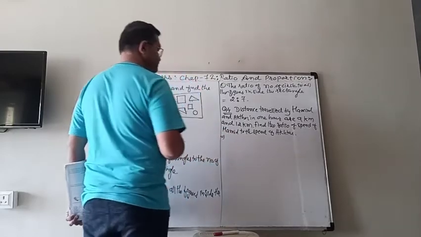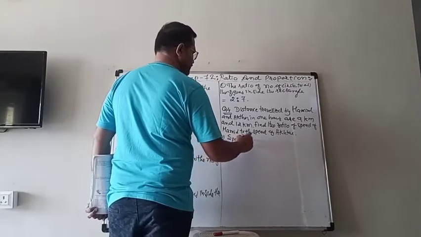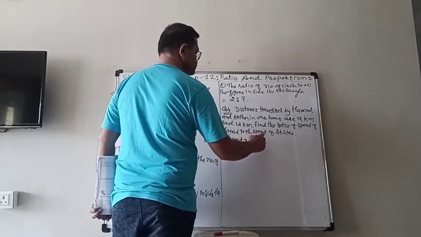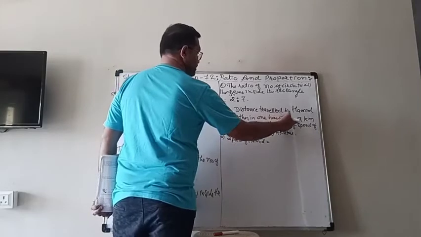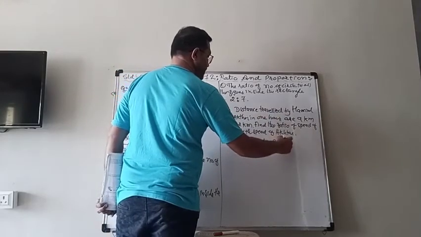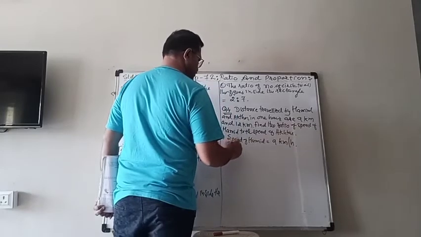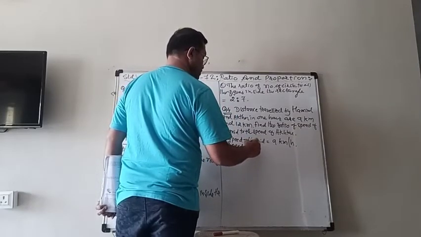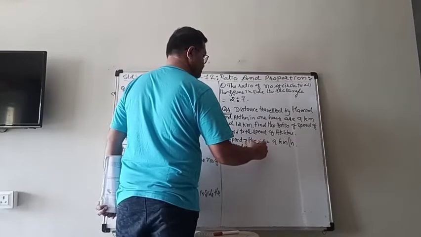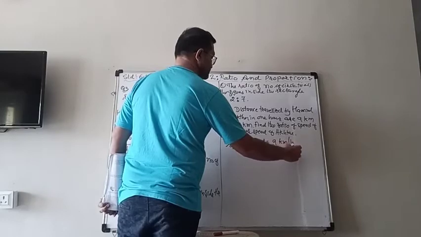So now the speed of Hamid is equal to 9 kilometer per hour and that of Akhtar is 12 kilometer per hour.